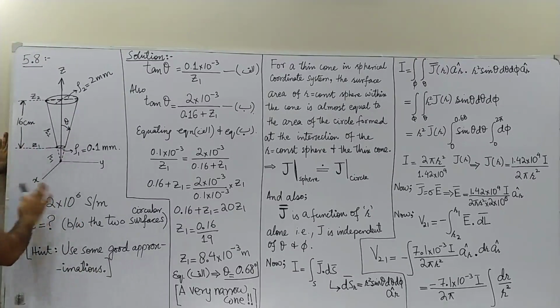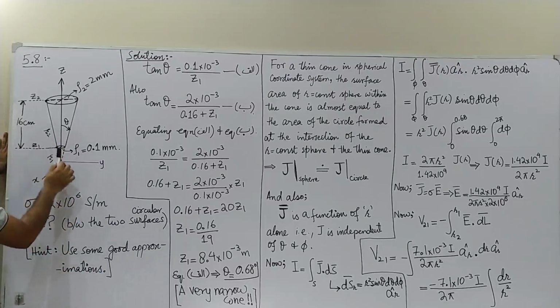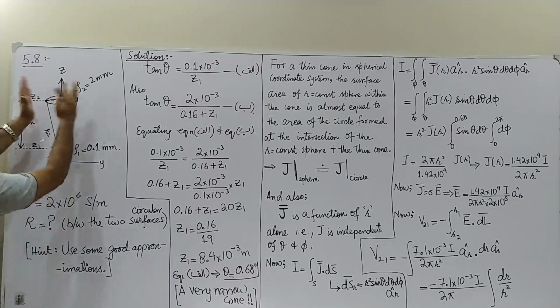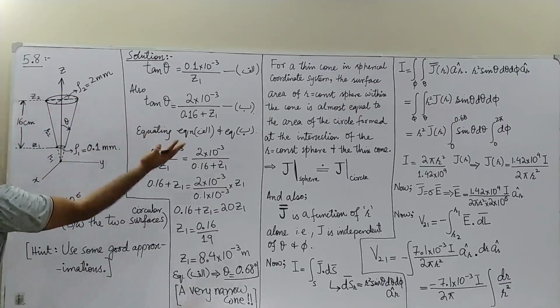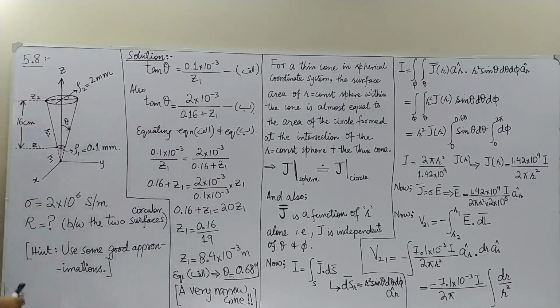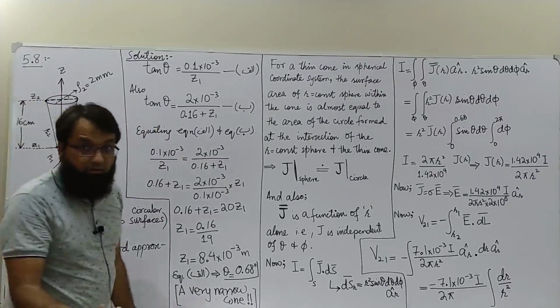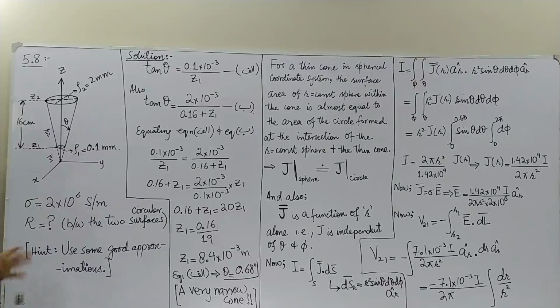So far we don't know what this R1 is, or this R2 is, or what this theta is, how wide this cone is, or whether it is a very small, narrow cone which can be approximated to be a cylinder. It might be possible. So we have to see that.